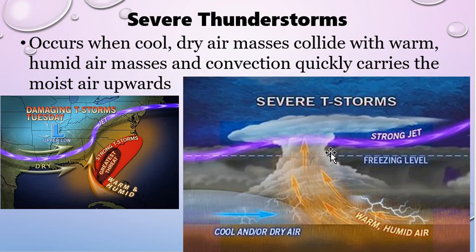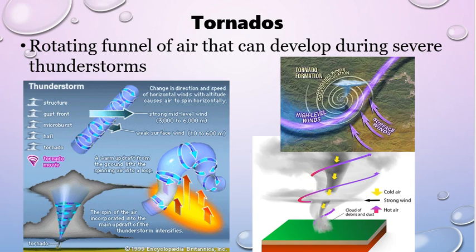You're going to have, in some cases, very severe thunderstorms depending on how fast this happens, how close your temperature is to your dew point, and a lot of other factors. And one of the things that can develop during these thunderstorms are tornadoes, which are basically just cyclones of air that are swirling around, and they can have wind speeds up to 300 miles per hour, but they're just in one particular area.